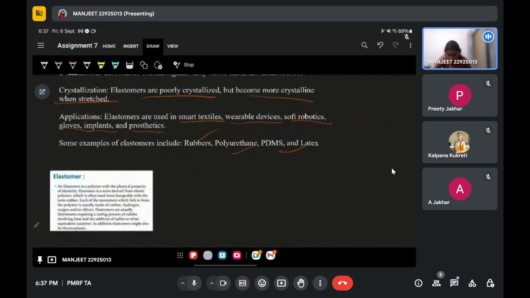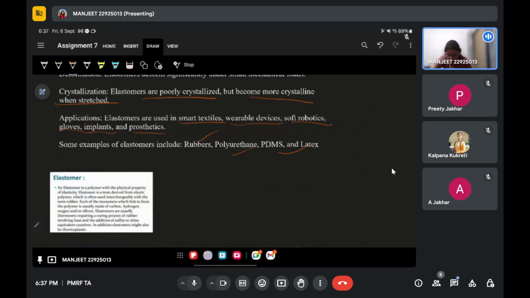So this is all about the elastomer. Elastomers are usually thermosets requiring a curing process of the rubber involving heat and the addition of sulfur and other equivalent curatives, because elastomer is basically the second stage of natural rubber. There is some addition of the sulfur agent.